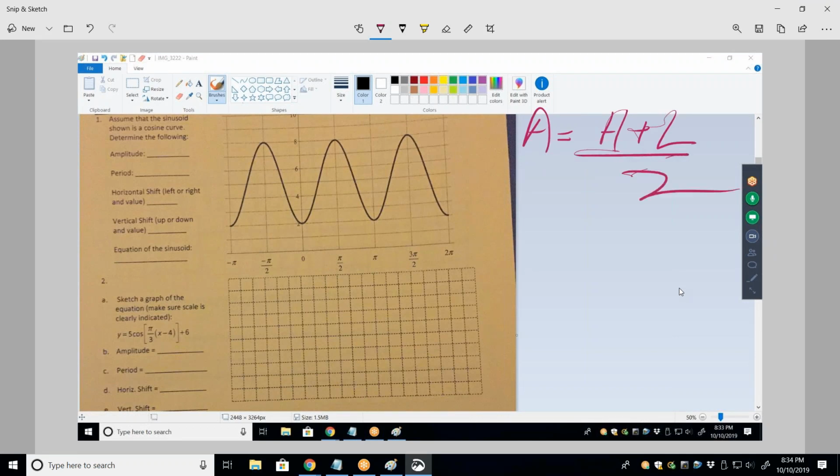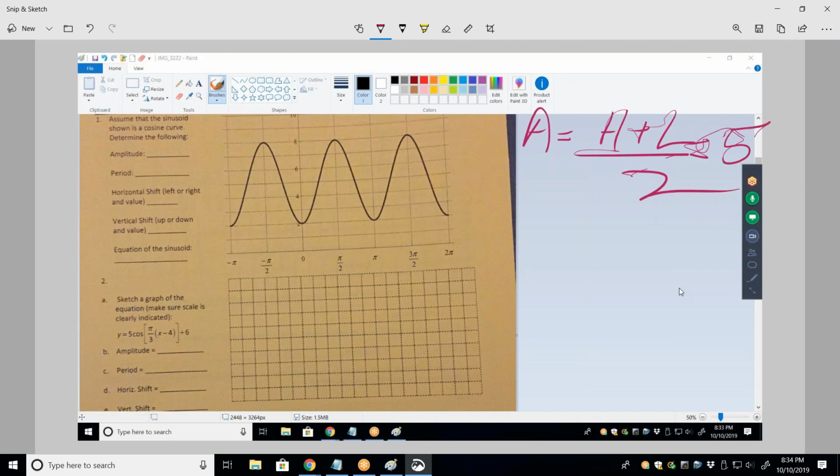What's the high here? What's the low? So what's the amplitude? Take the high, add it to the low, and divide by 2. Okay.